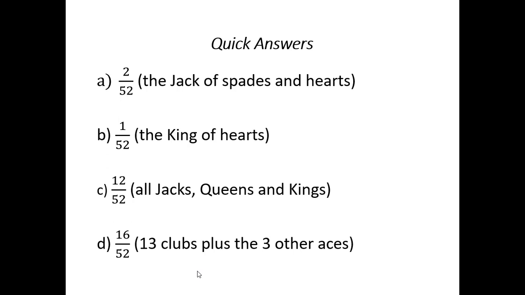And we know there's 4 of these in each different suit. So the total number of face cards is 4 times 3, which gives us 12. And the number of cards that are either a club or an ace is 16. So our probability is 16 over 52. Here you just have to make sure you don't count the ace of clubs twice.